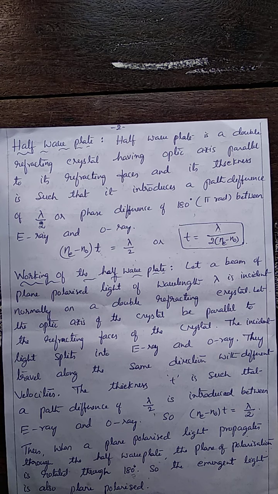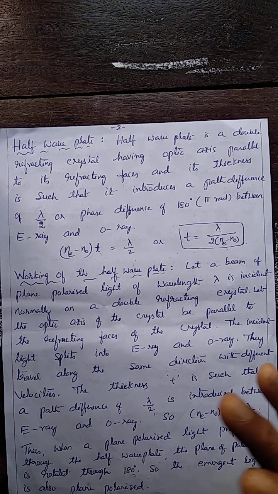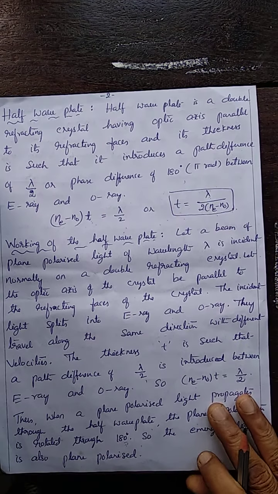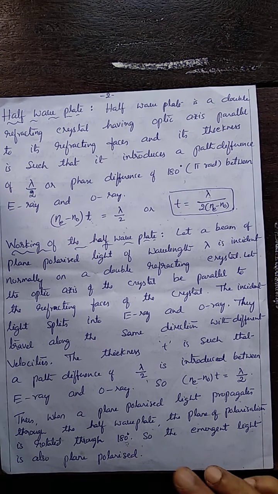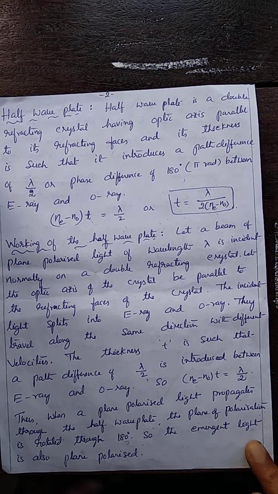If the incident light is plane polarized, the emergent light is also plane polarized. If the incident light is circularly polarized, the emergent light is also circularly polarized. There is no change in the state of polarization. Why?